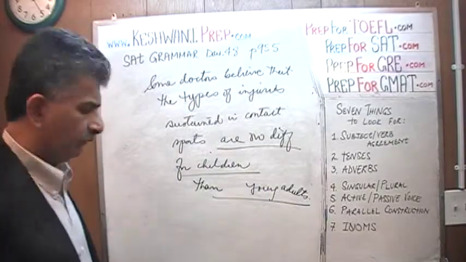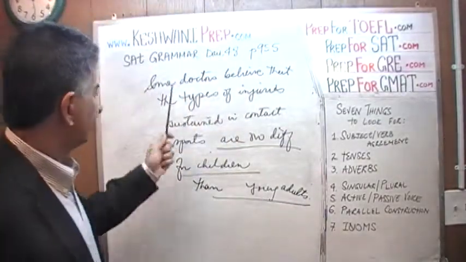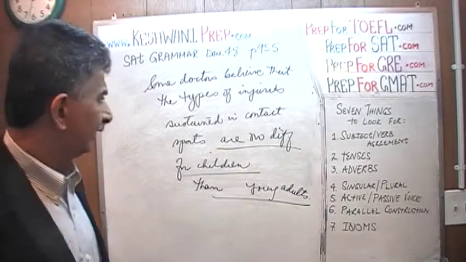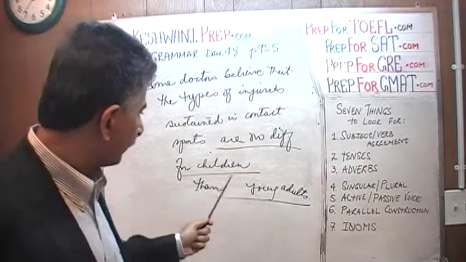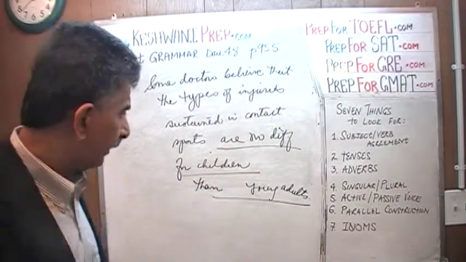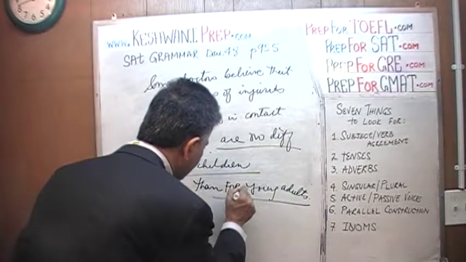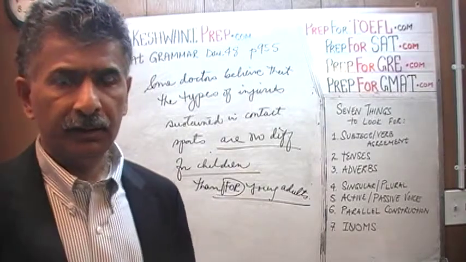It's actually very simple, very straightforward to fix here. It says some doctors believe that the types of injuries sustained in contact sports are no different for children than what? Not than adults, than they are for young kids.